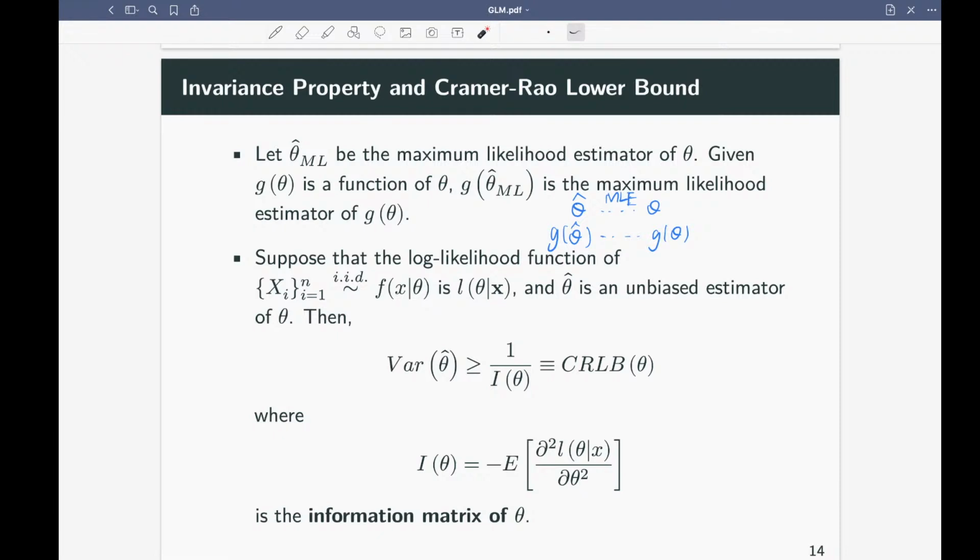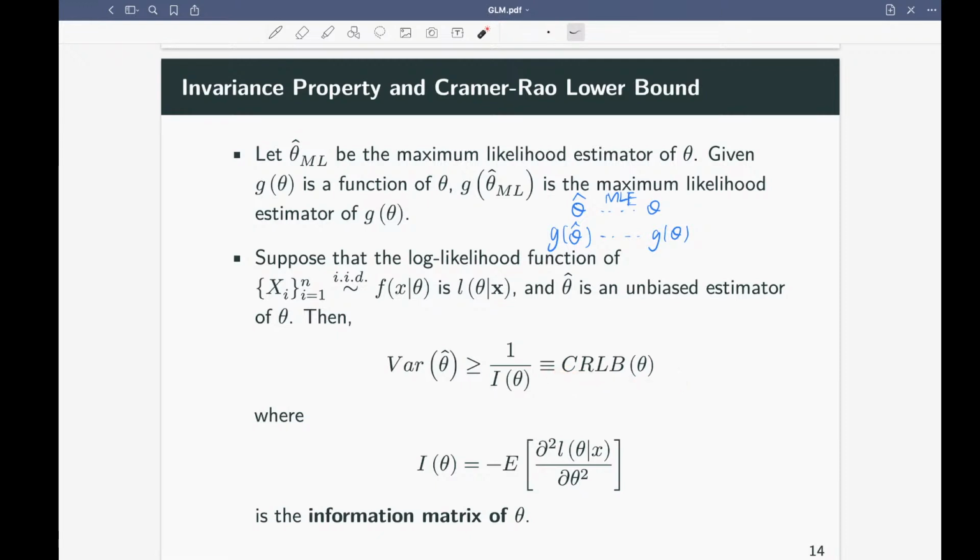We do the second derivative with respect to theta, and we take the expectation with a negative sign, and this is the information matrix of the theta. And 1 divided by the information matrix is defined as the CRLB of the theta.